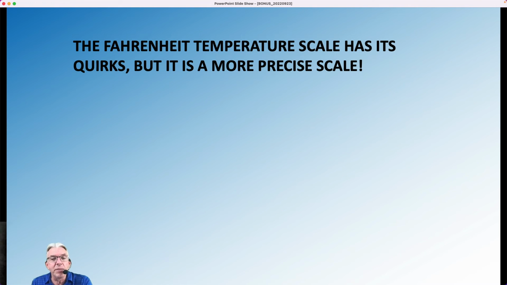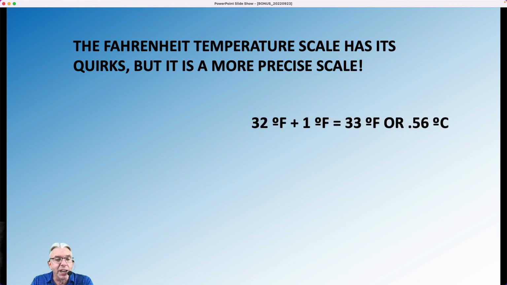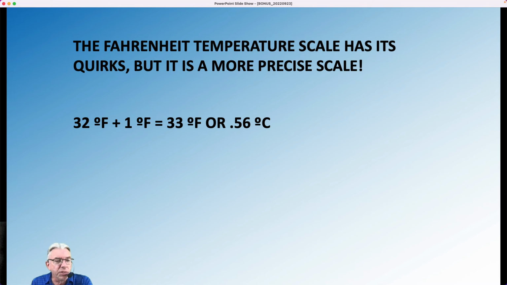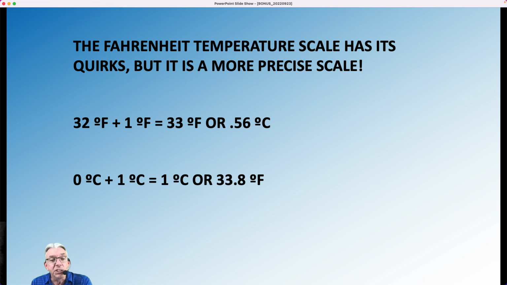The Fahrenheit temperature scale has its quirks, but it is actually a more precise scale. For instance, if you're at 32 and you add 1 degree Fahrenheit, that is equal to 0.56 degrees Celsius. If you have 0 degrees Celsius and you add 1 degree C, you get 1 degree C or 33.8 degrees Fahrenheit.